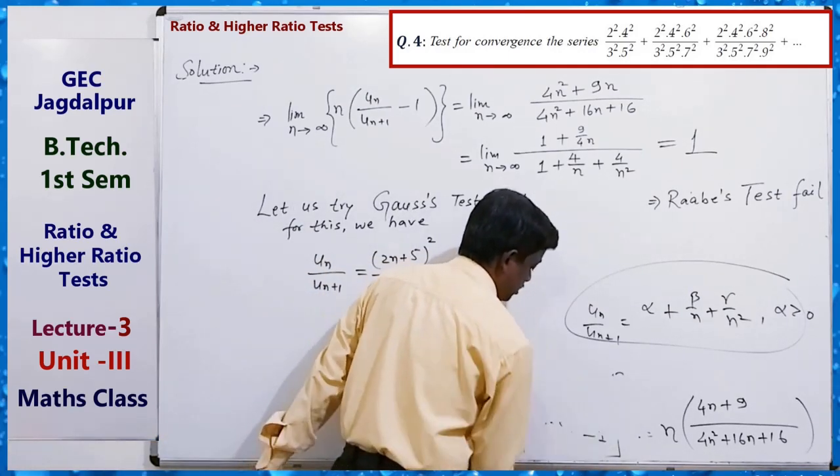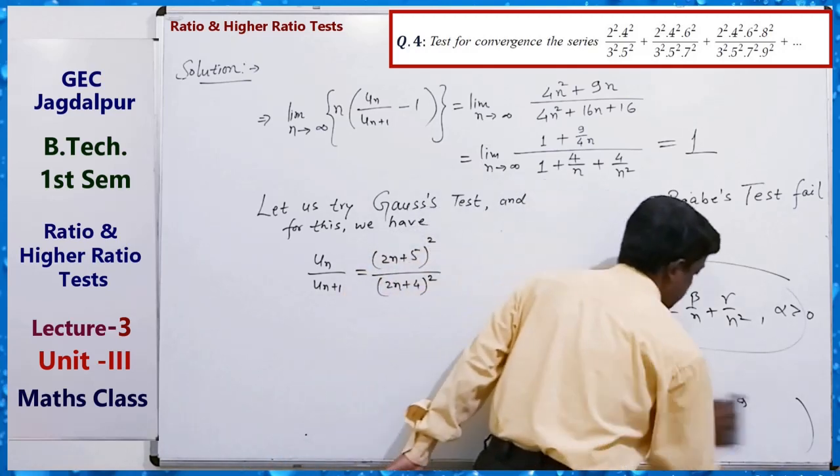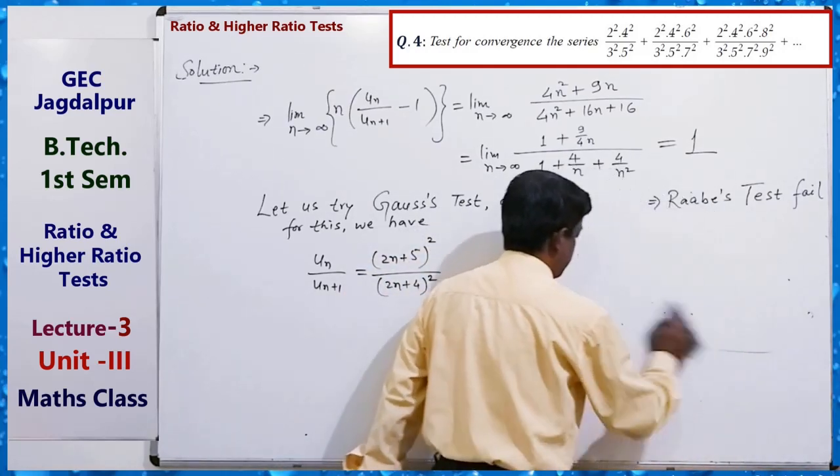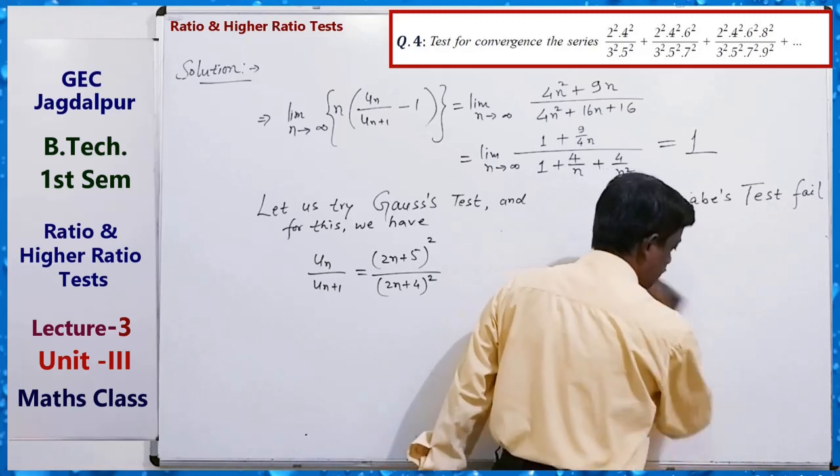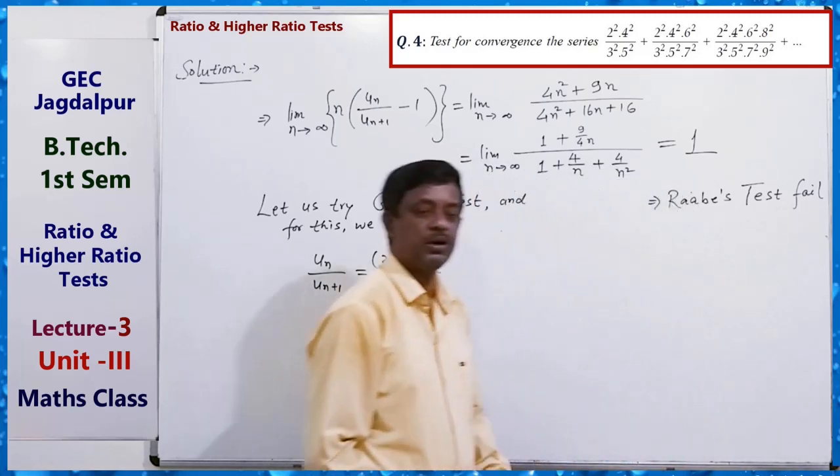The binomial theorem we will also use here. We know the formula, because a square is there.